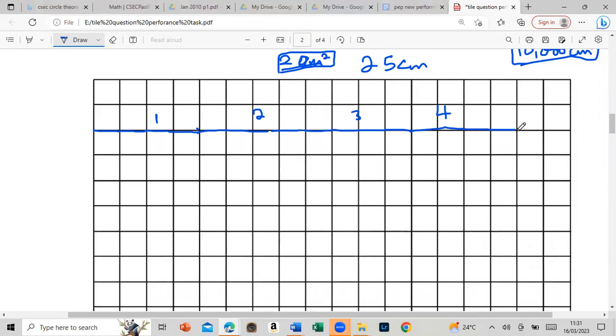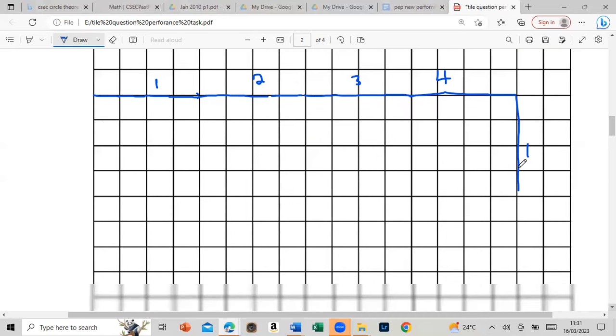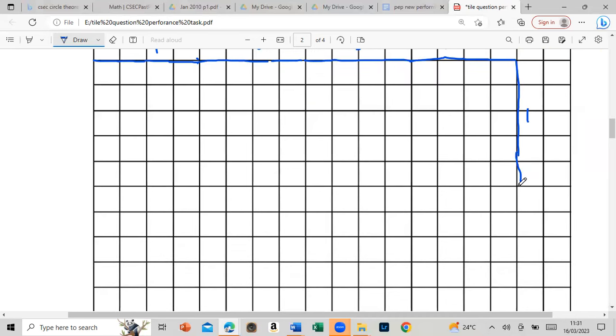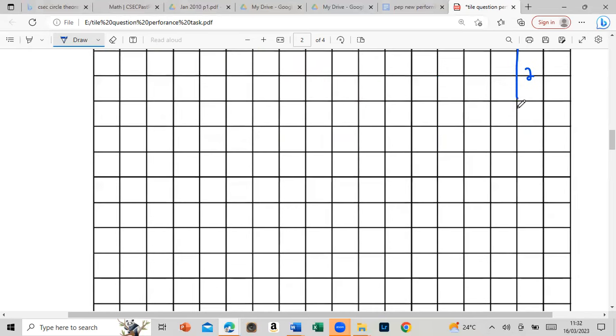For this one now, we're going to go down 20. Everyone should get this by now. 1, 2, 3, 4. That represents 1. And another 4 is going to represent it, and so on. So 1, 2, 3, 4. That's 2. I hope they give me enough space here. 1, 2, 3, 4.